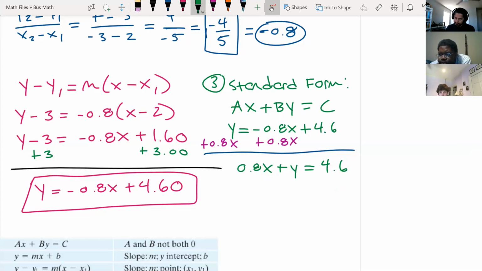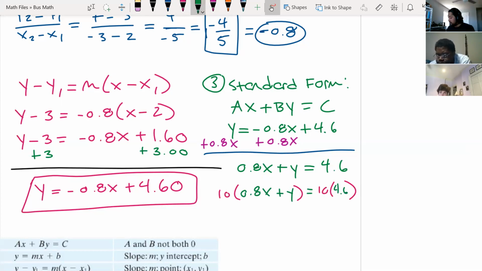So let's go ahead and do that. So we're going to say 10 times 0.8x plus y equal to 10 times 4.6.